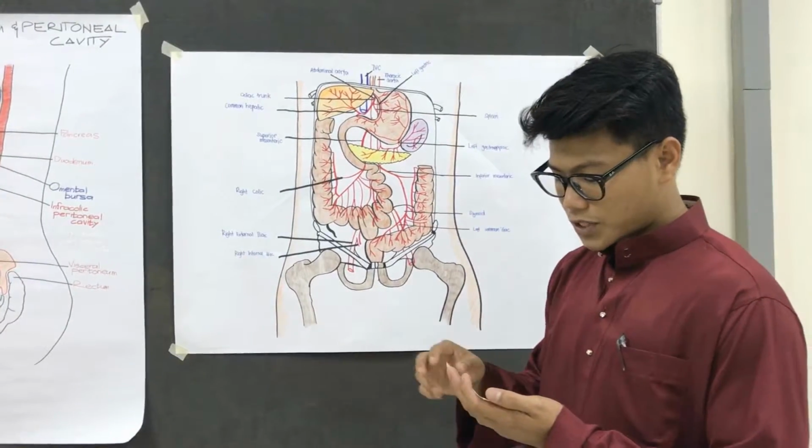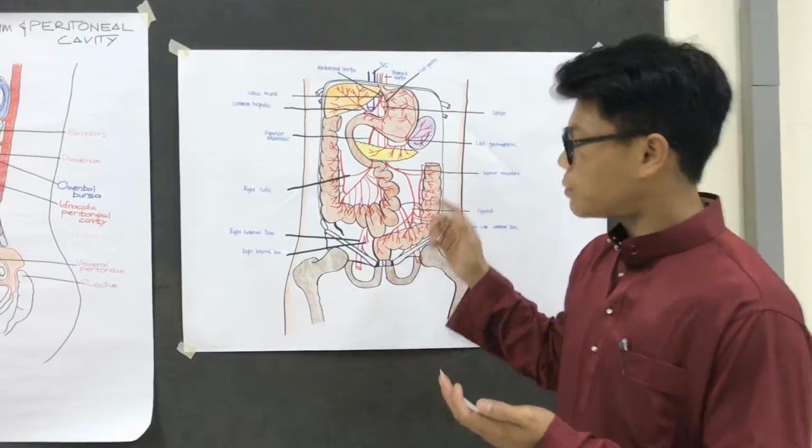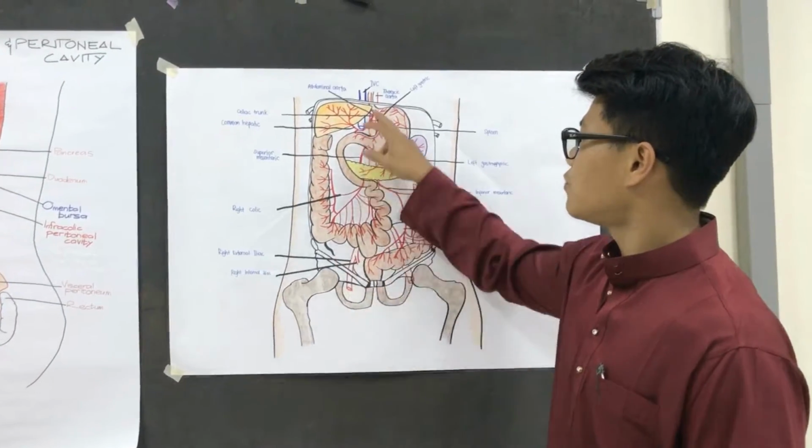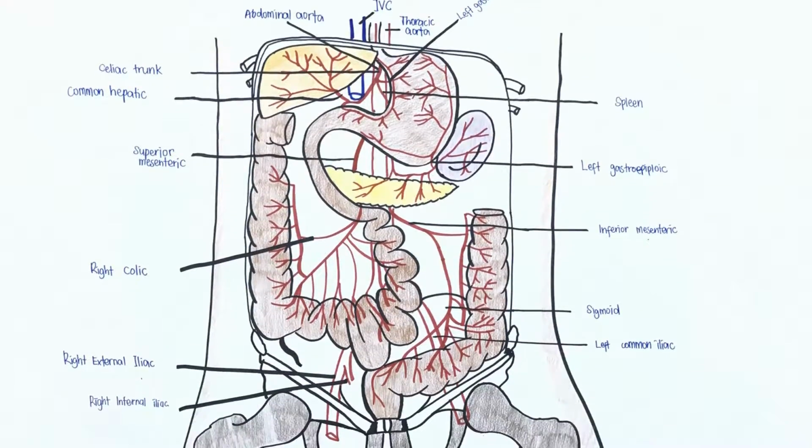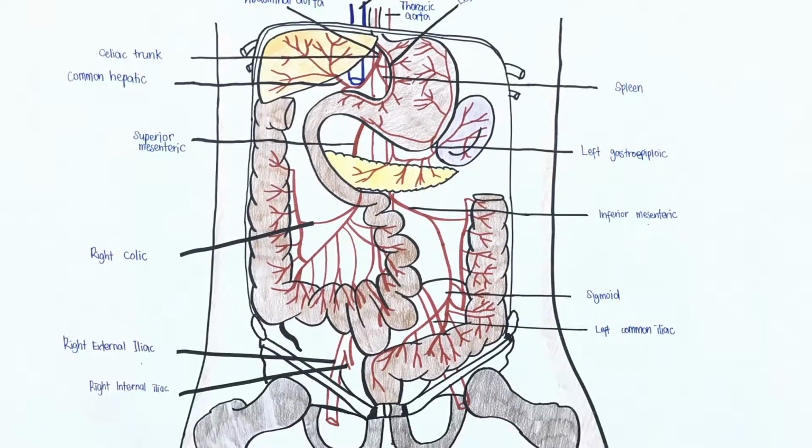Next, for the visceral peritoneum, the arteries supply the appropriate viscera. For example, the liver is supplied by the common hepatic artery, and then the stomach, which we have learned before.